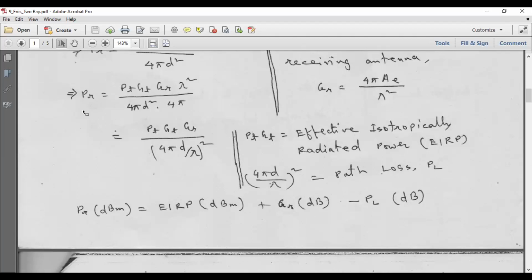So if your power here is say 1 watt, you divide 1 watt by 1 milliwatt and then take 10 base log, multiply by 10. That's how you get the receive power in dBm.